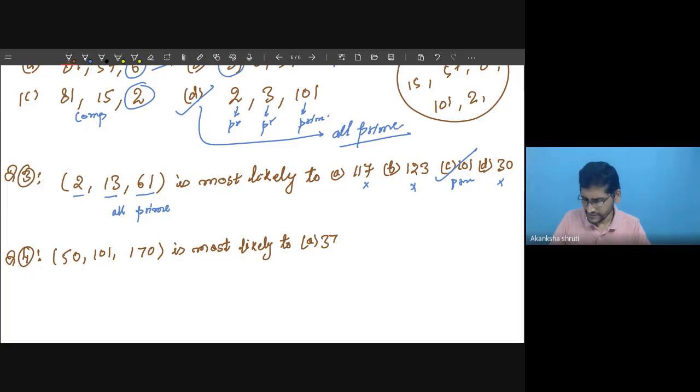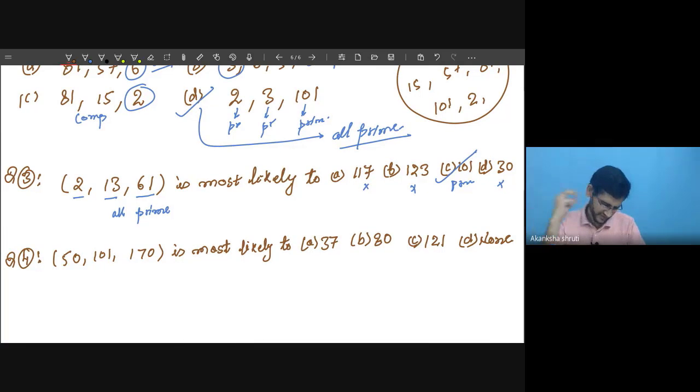Option A is 37, option B is 80, option C is 121, and option D is none of these. Yes, tell me. Yes, student, tell me quickly. What is the answer?